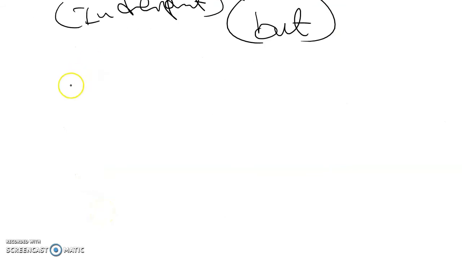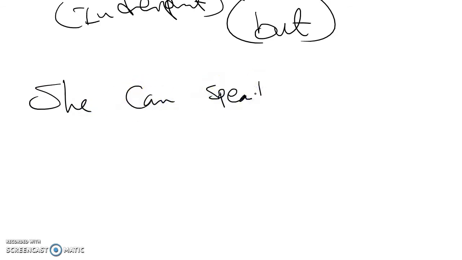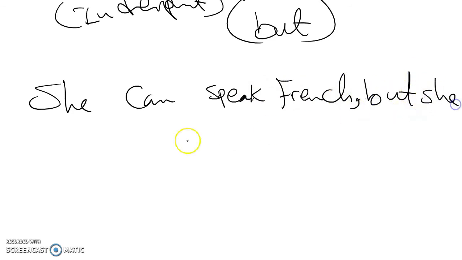So simply I will say she can speak French, comma, but she can't read French.